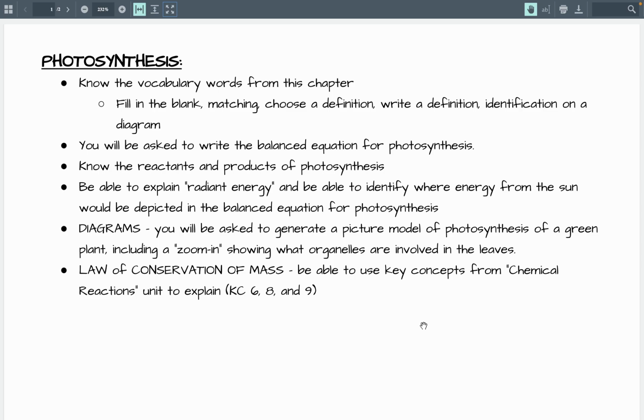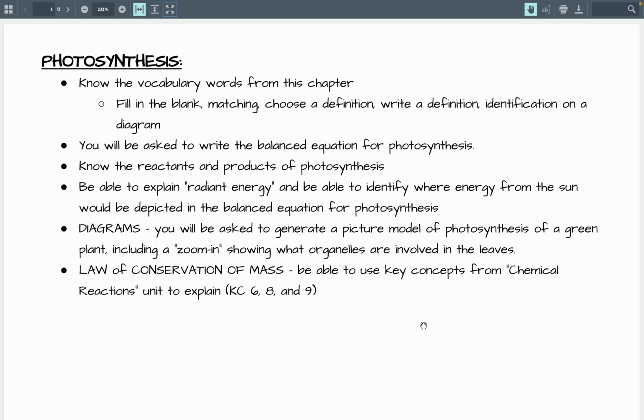As far as the diagrams, you're going to be asked to generate a picture model of photosynthesis of a green plant. Remember what you guys did in the lab section for this unit? And I had you guys draw a picture of a plant and then talk about what the reactants and what the products are, like draw a diagram of photosynthesis in a green plant.